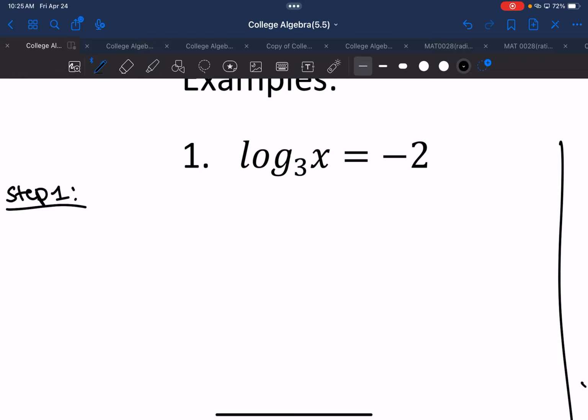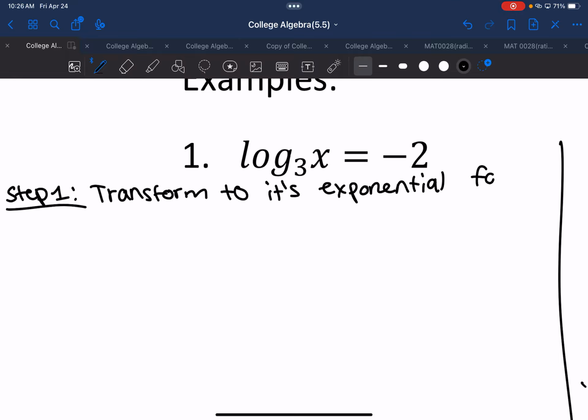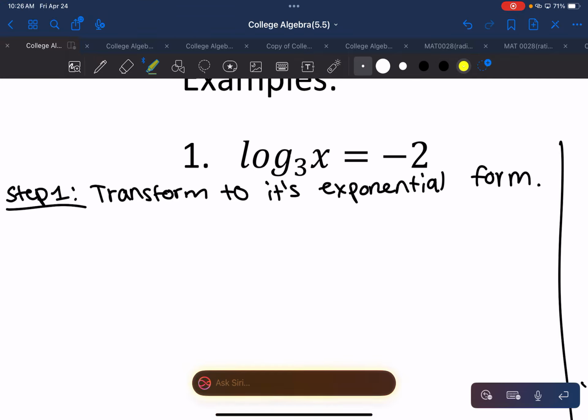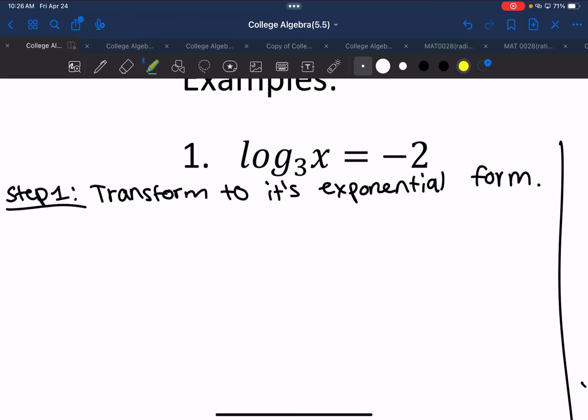Rewrite, transform to its exponential form. So in this case, my base is 3, so that's where I start. And then it gets raised to the power of -2, and it's equal to x.